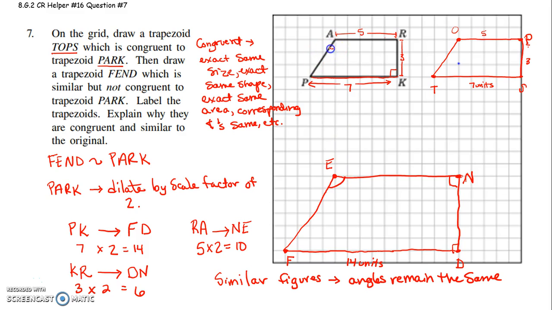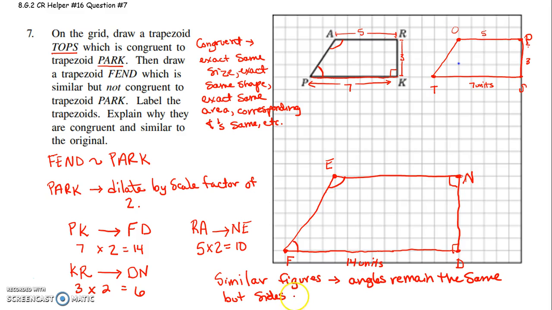However many degrees are up here in angle A, there's the exact same number of degrees in angle E. You can tell those are both obtuse angles. Here, angle F and angle P will remain the same, but corresponding sides are in proportion.